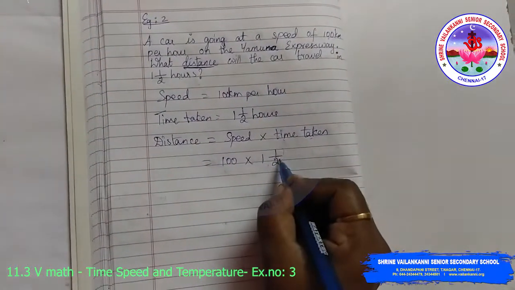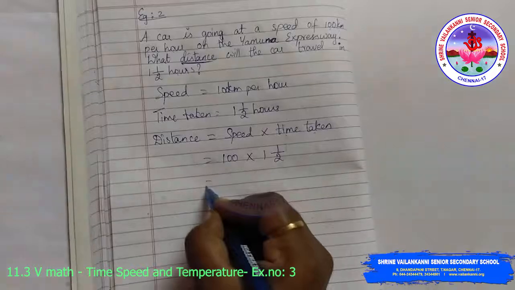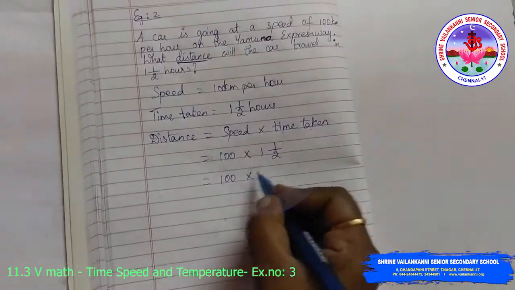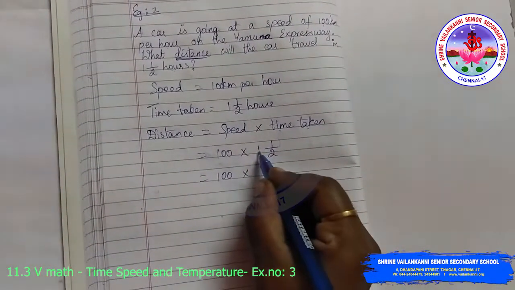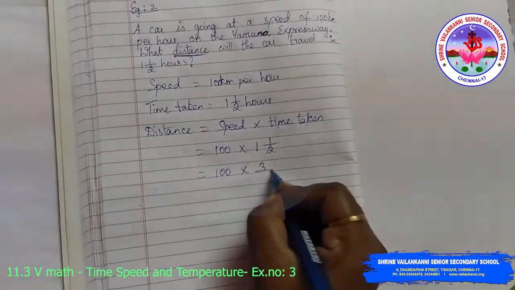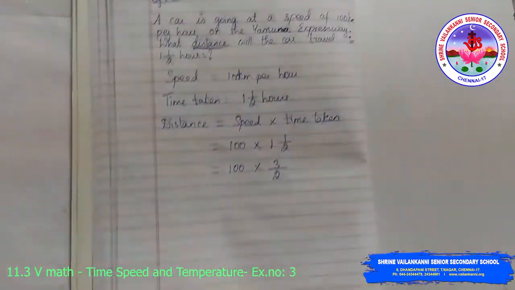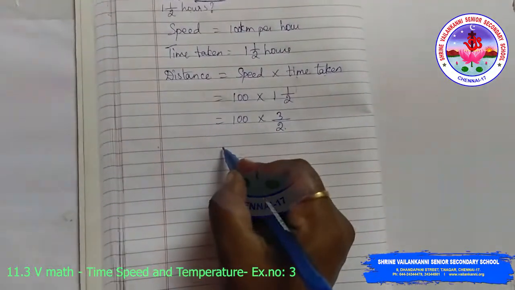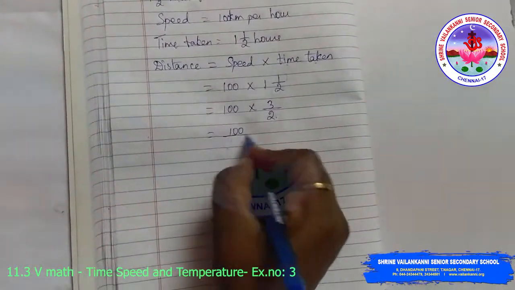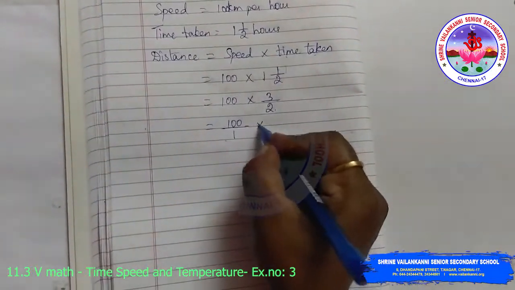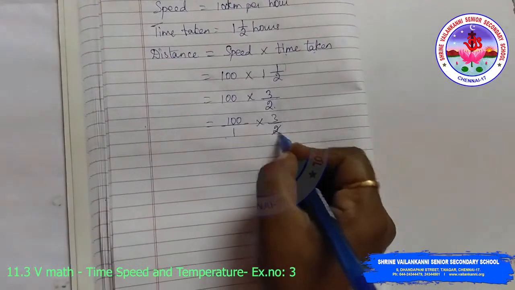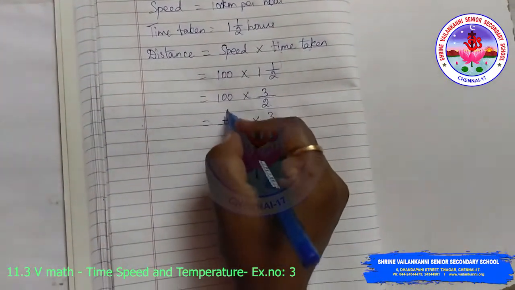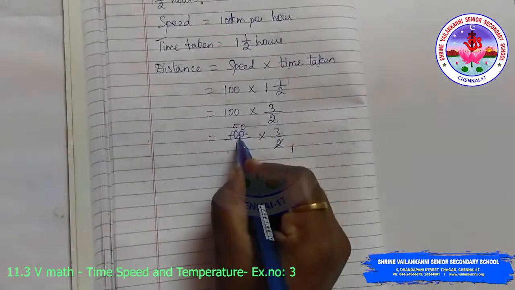Here this 1 by 2 is a mixed fraction. First I'll convert it into an improper fraction. 2 into 1 is 2, 2 plus 1 is 3, so 3 by 2. Now if I do cross cancellation, which we have done in the fraction chapter, the same way, 2 1s are 2, 2 50s are 100.